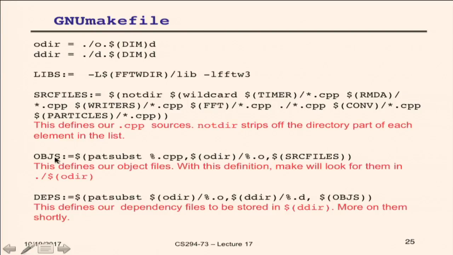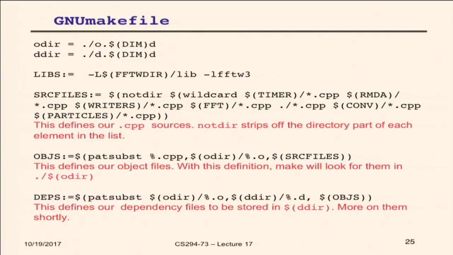So what this defines is all of our object files. With this definition, I'm taking foo.cpp and creating o.2d/foo.o, and then for all of the elements of source files.